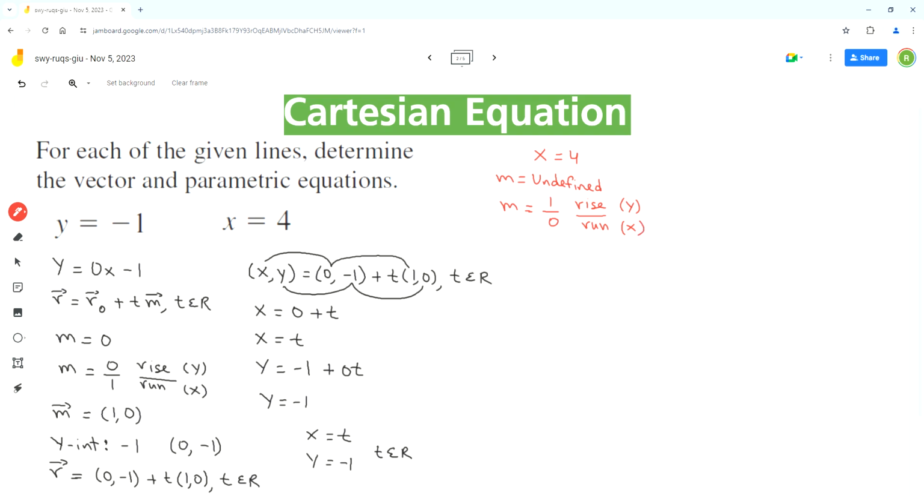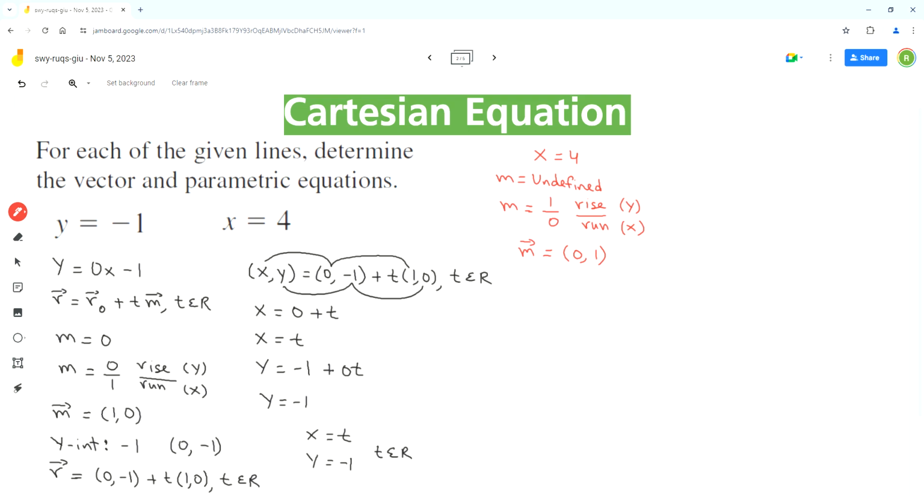So the direction vector for this vertical line is 0, 1. So we write the x component first, so that's why we use the run number first and then the rise number. Now we can write a point that lies on this line.